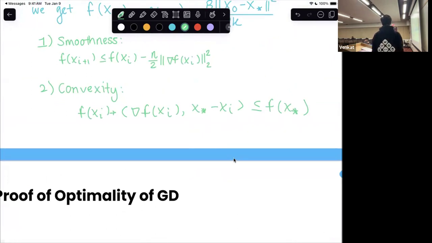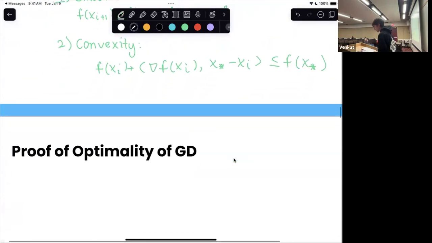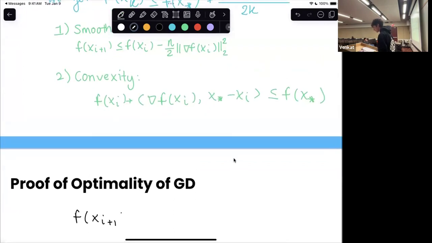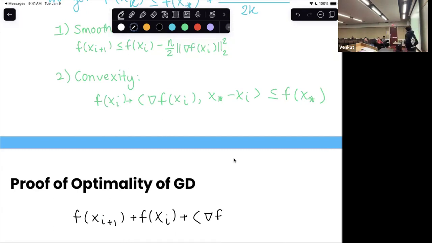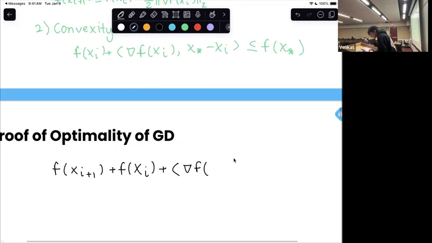The first step in this proof is that we are going to add these two functions together, and so what we're going to get is this. By the way, these two single brackets are the dot product, and that will go away later in the proof.